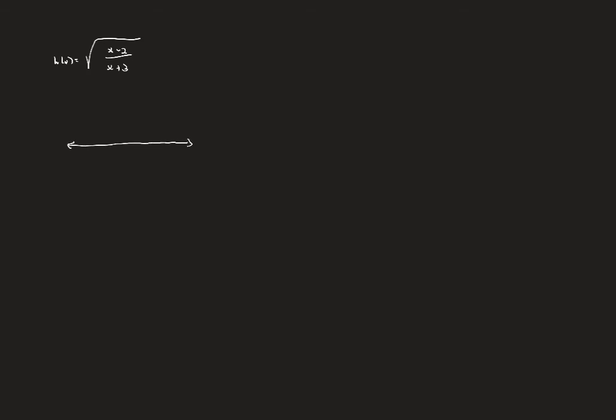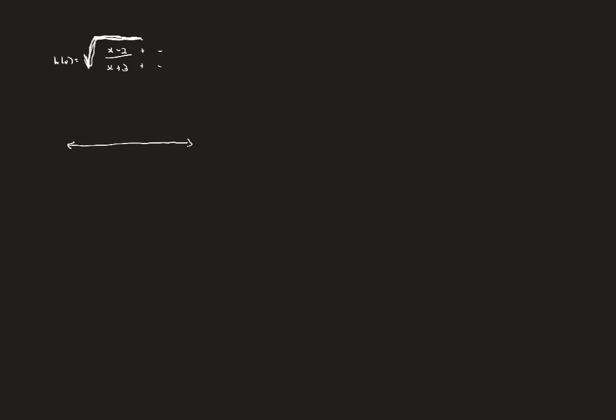Now, again, this is only going to be defined when what's inside this square root is positive. So what's inside the square root will be positive when either the numerator and denominator are both positive, or when the numerator and denominator are both negative, making the quotient positive.